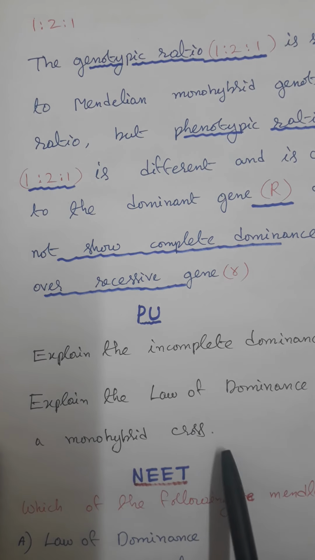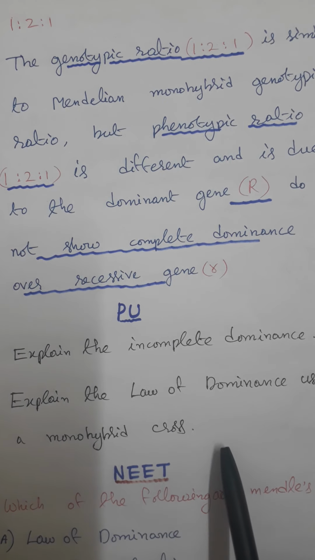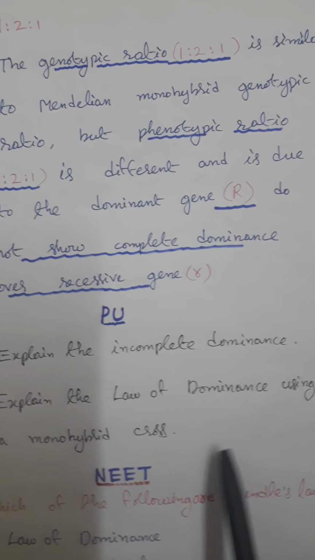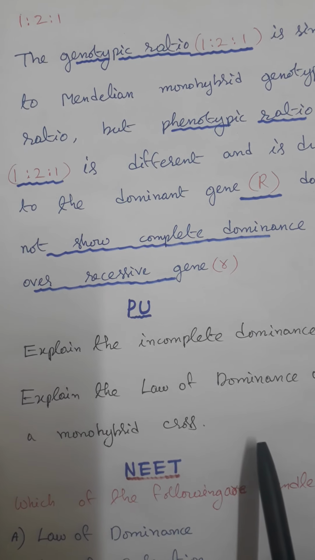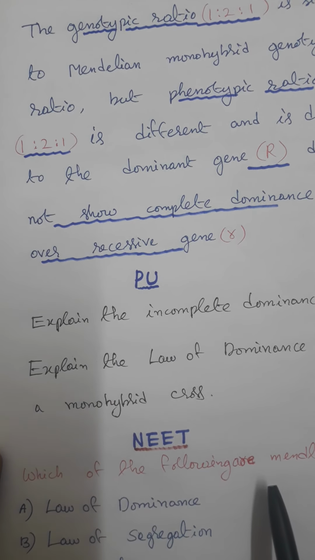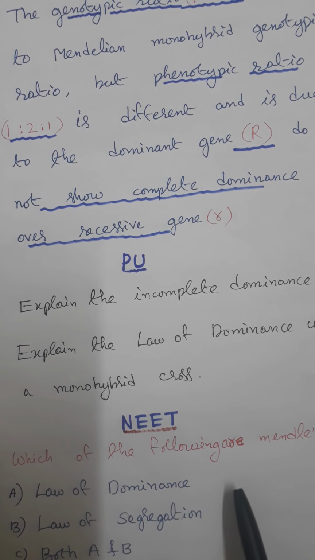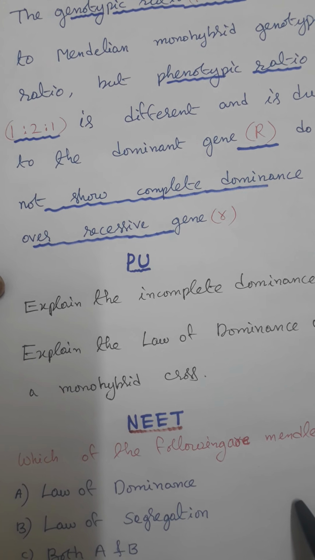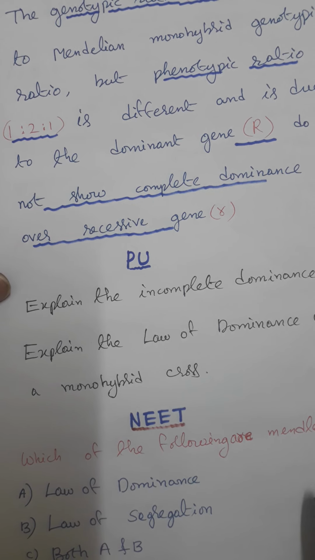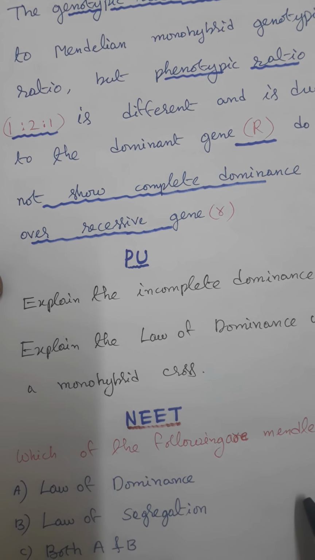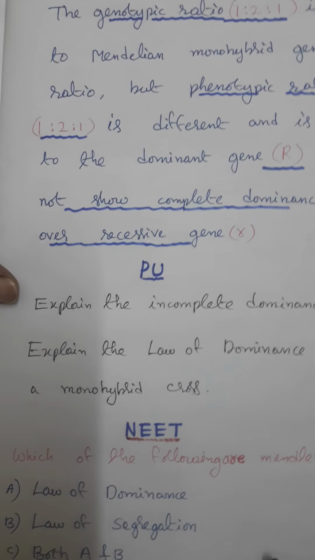Another question: explain the law of dominance using a monohybrid cross. From the NEET point of view, we will discuss a few NEET related questions based on the law of dominance, law of segregation, and incomplete dominance.